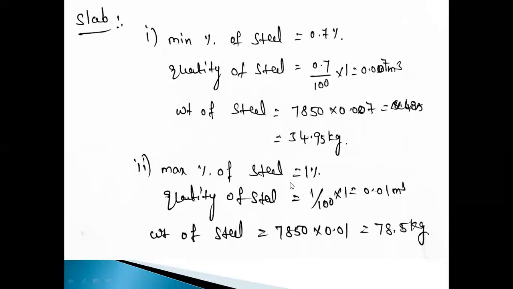Similarly, maximum percentage of steel equal to 1%, quantity of steel equal to 1 by 100 into 1, that is equal to 0.01 cubic meter. Next one, weight of the steel equal to 7,850 into 0.01, that is equal to 78.5 kgs. So here slab in minimum weight of the steel is 54.95 and maximum weight of steel is equal to 78.5 kgs used in slab. This is the minimum and maximum weights of steel used in foundation, beam, column, slab.